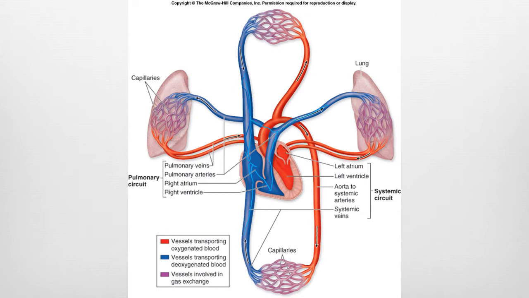It goes out to the two lungs and comes back in via four pulmonary veins, two on either side, and now we're back into the left atrium. Blood then goes into the left ventricle, comes out the aorta, and goes out through the rest of the systemic circuit, getting out to the tissues and doing its gas exchange and nutrient exchange there.